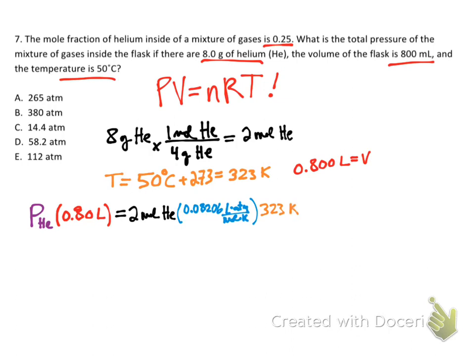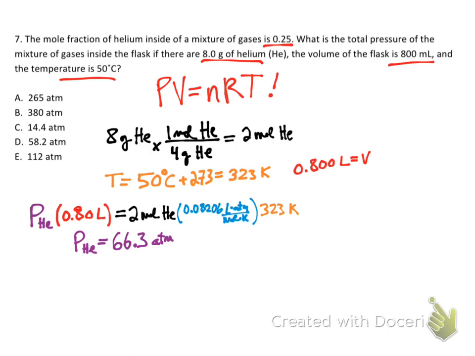So we'll divide both sides by the 0.8 liters, and we'll end up getting the partial pressure of helium, which is 66.3 atmospheres. So that's the partial pressure due to helium, because we're only taking into consideration the moles of helium in this calculation. But the problem is actually asking for the total pressure.